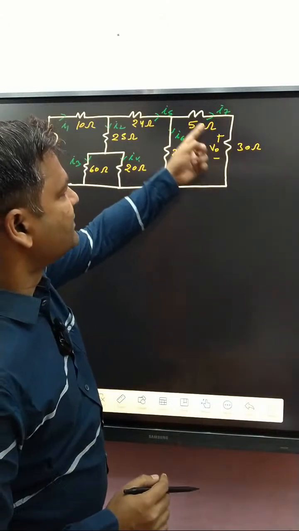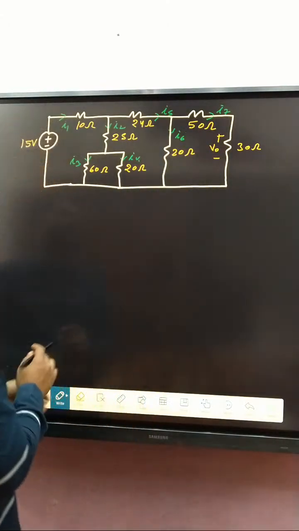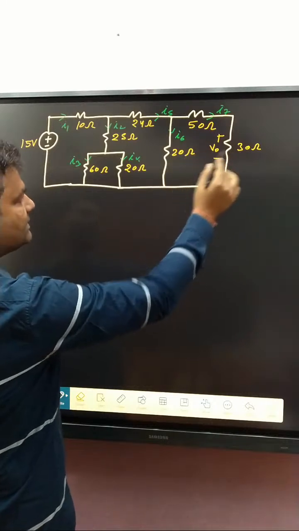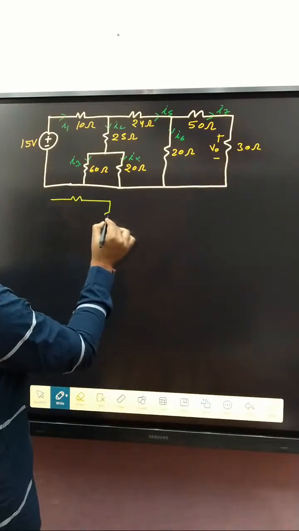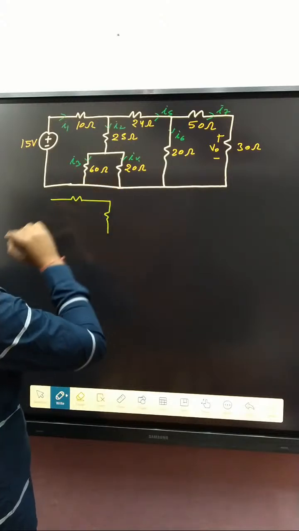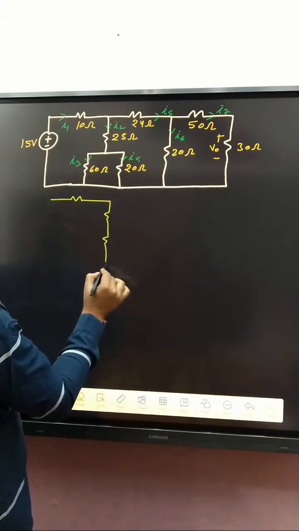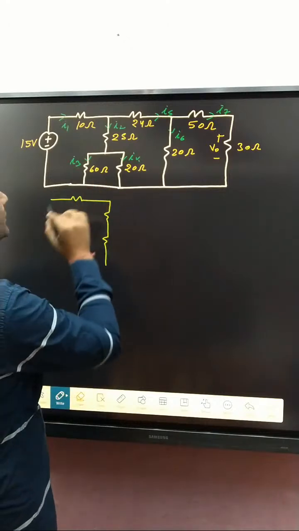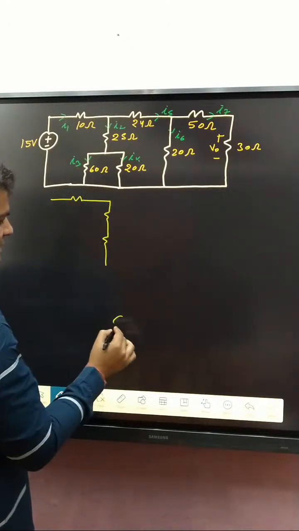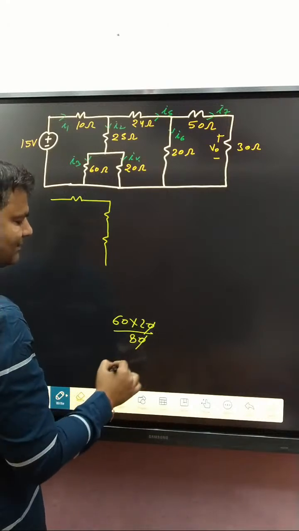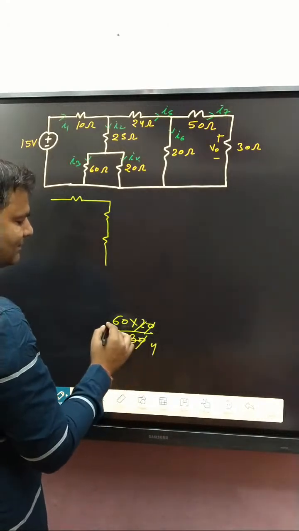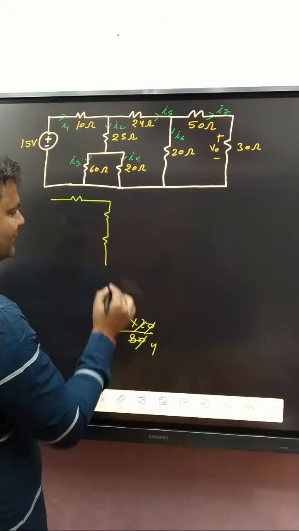these two resistances are in series. So 50 plus 30. And these two resistances are also in series, sorry, parallel. So 60 into 2 divided by how much? 80. 15.